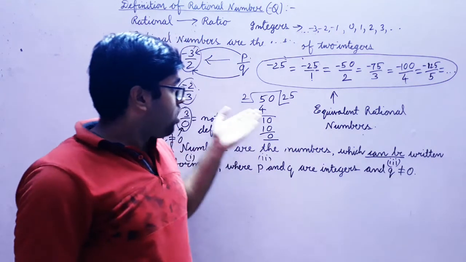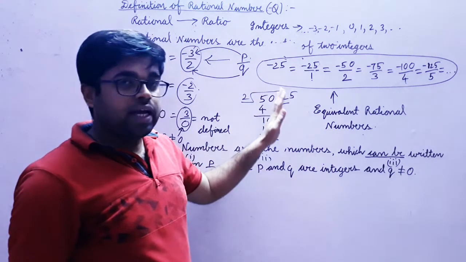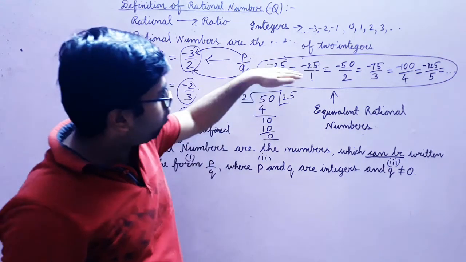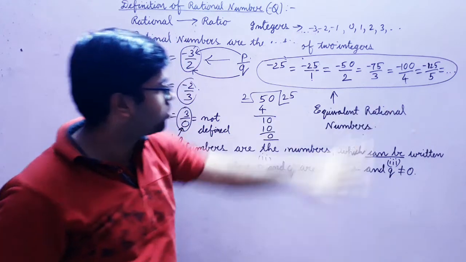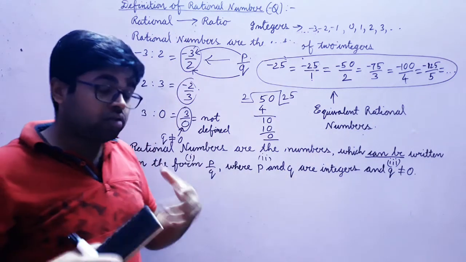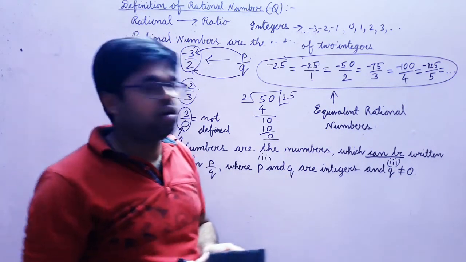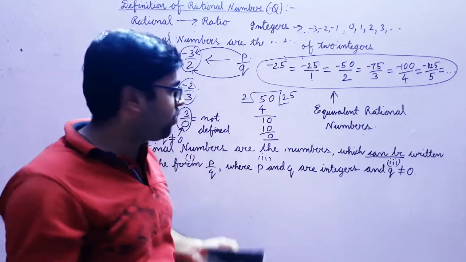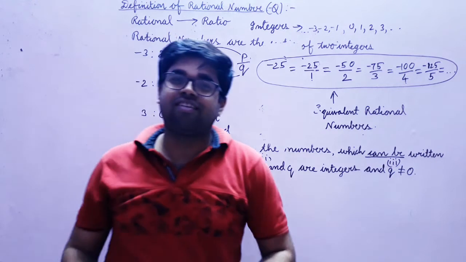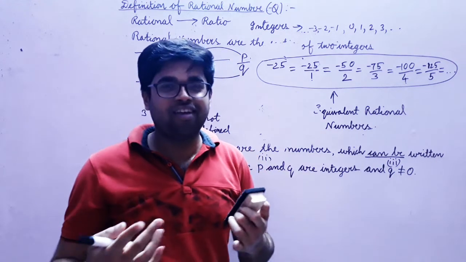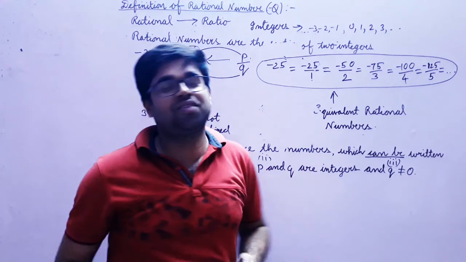Now many of you will say, sir, we understood that all these are equivalent rational numbers, but sir, how do we get equivalent rational numbers? Not so soon. This is our topic for the next video.